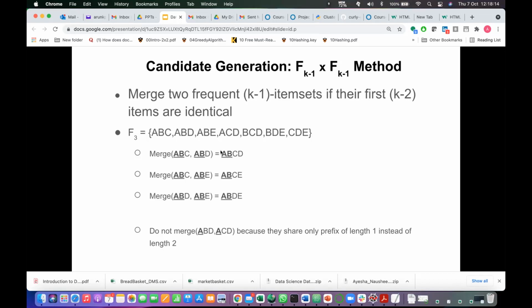Anyway, if you eliminate D, then ABC will come. If you eliminate C, ABD will come. But ABC and ABD are anyway frequent, you know that.